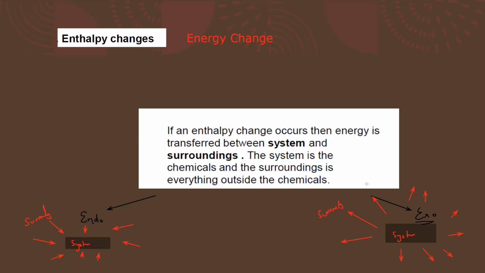And this transfer of energy between the system and the surrounding, we call enthalpy change, and it is denoted by delta H. So delta H is used to show the energy change between the system and surrounding. Is the concept of enthalpy change clear, and how it is related to the two types of reactions, endothermic and exothermic reactions?